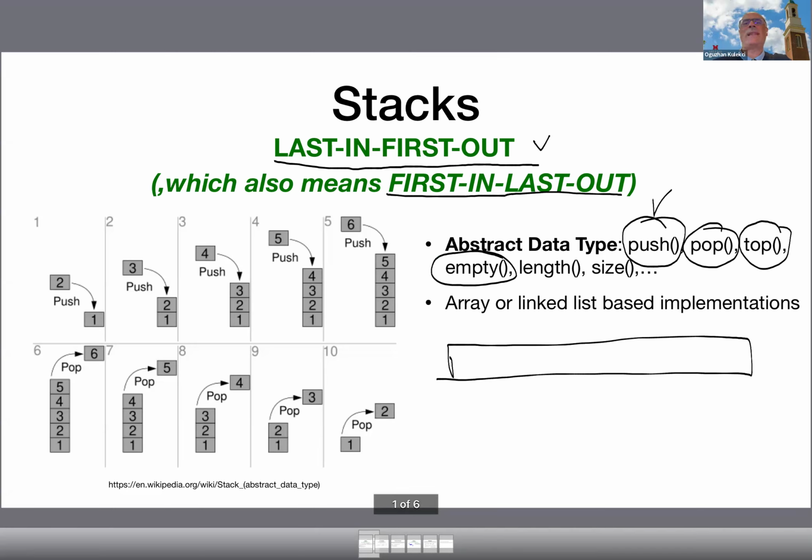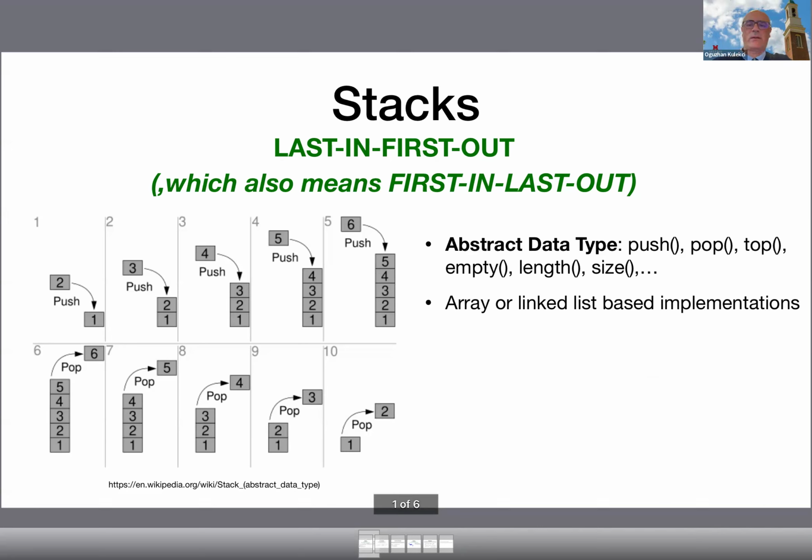So let's say the length of this array is 10. That means you can place 10 elements into this array. And if this is a stack, its capacity is 10. But there might be less than 10 elements at any time in the stack. So you can just refer to this one with the size, and maybe the length referring to the capacity.